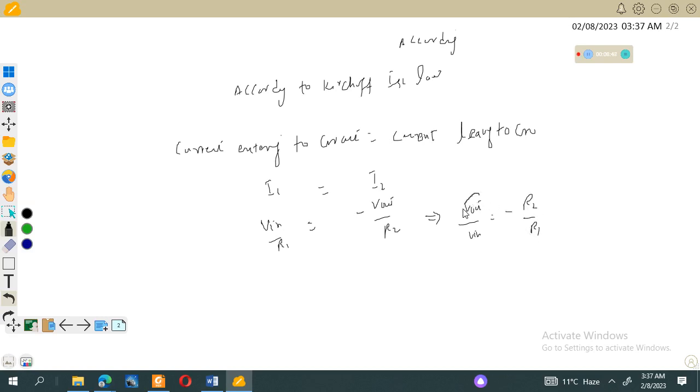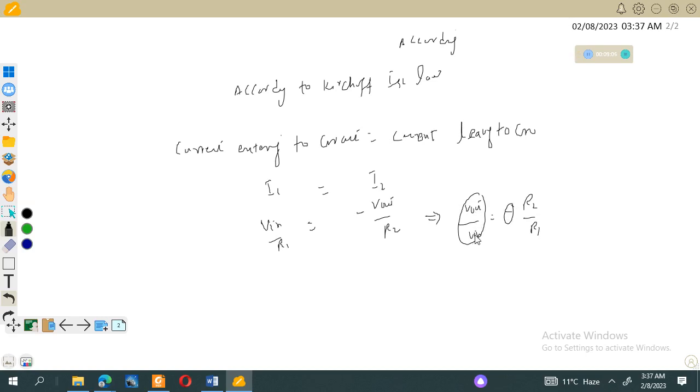The ratio of output over input is just like an amplification factor. What is the relation between the output and the input? It is equal to minus R2 over R1. With this minus sign, the output voltage will be inverted.